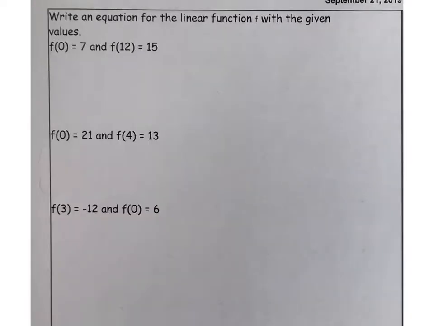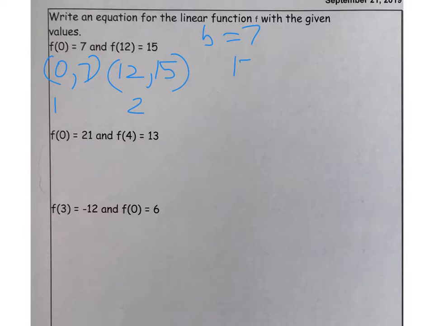So I'm going to try a couple of these here. Remember, this point is going to be (0, 7), and we already know b is going to be equal to 7. And then this is (12, 15). So we're going to figure out the slope. Take this as point 2, this is point 1, 15 minus 7 over 12 minus 0.